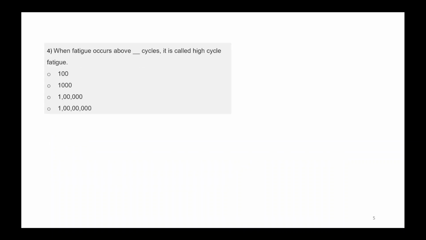Question 4 is, when fatigue occurs above blank cycles, it is called high cycle fatigue. Your options are 100, 1000, 1 lakh or 1 crore. So your answer will be 1000.